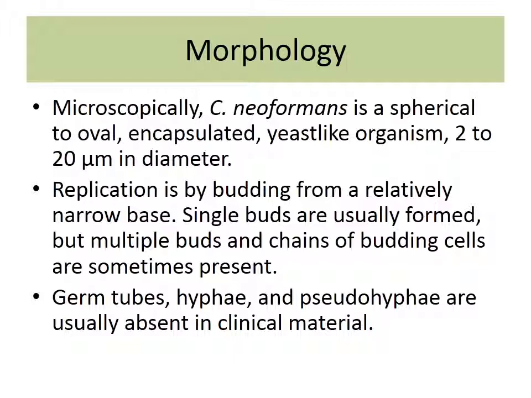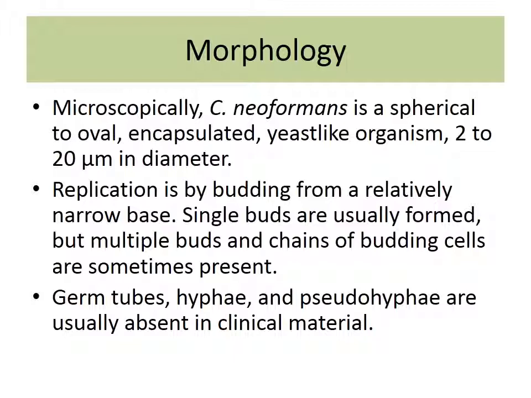The process of replication is budding, which comes from a narrow base. A single bud forms, and from there multiple buds are formed, and then you basically get a chain of budding cells, as we see in some other fungi as well. The chain of budding cells sometimes appears like a germ tube, as we discussed in Candida albicans.